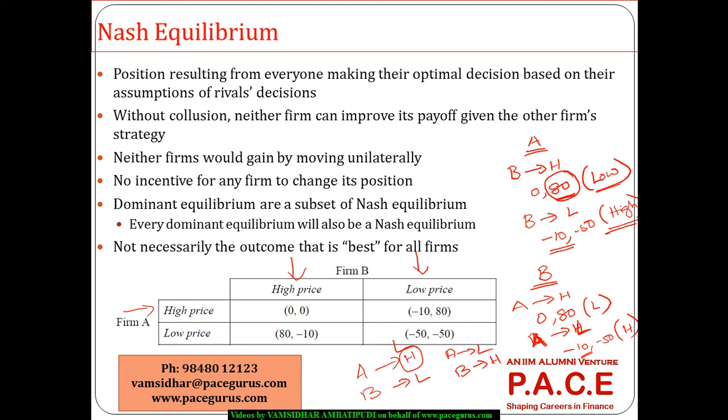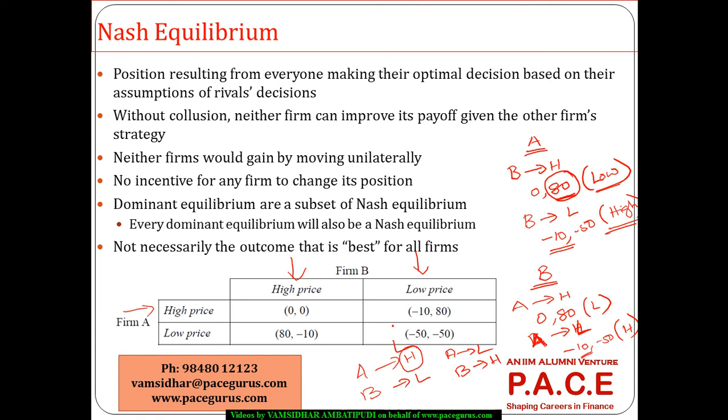If he goes low without B changing to high, A is going to lose out. Similarly, B cannot go to high without A changing to low, which means B has to stay low if A is high and vice versa. Otherwise, they are losing out very badly.